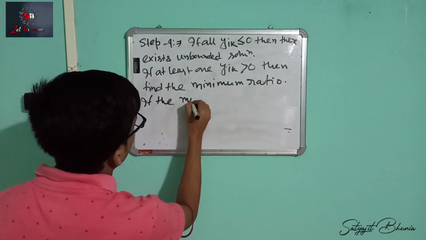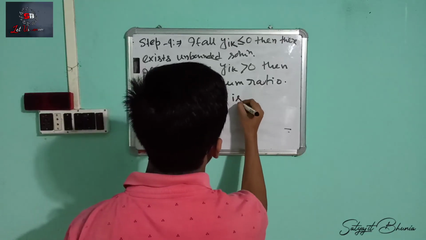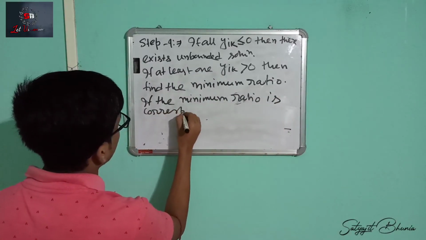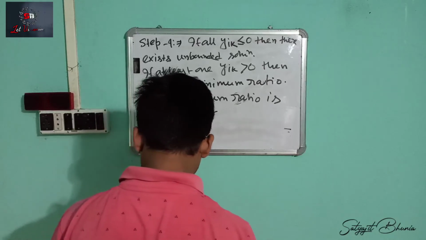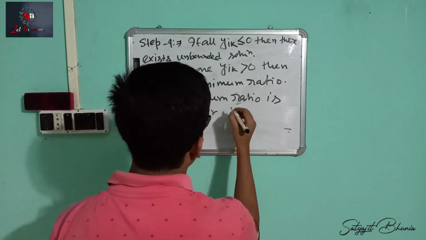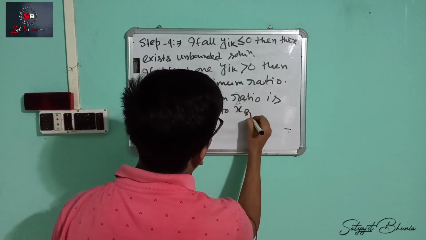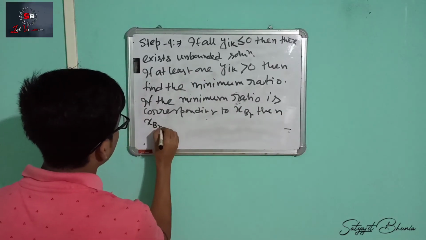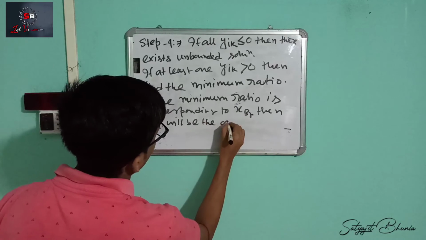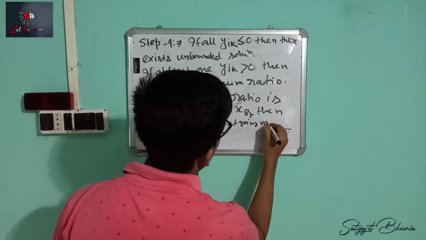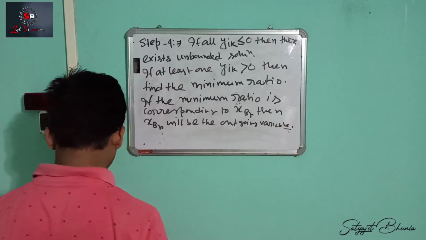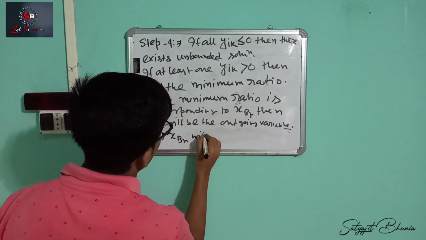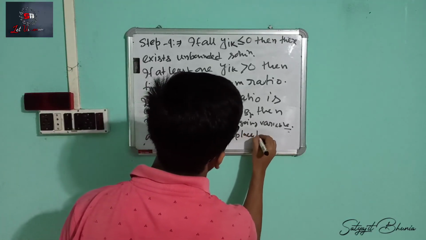If the minimum ratio is corresponding to XBR, then XBR will be the outgoing variable, and XBR will be replaced by XK.